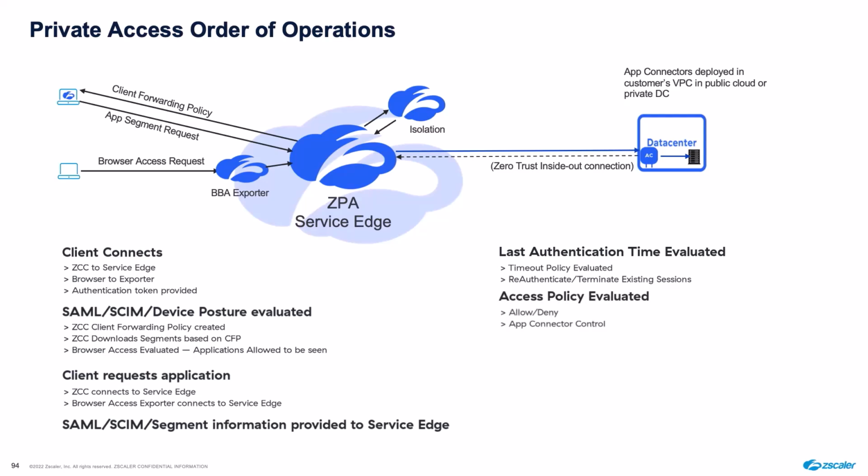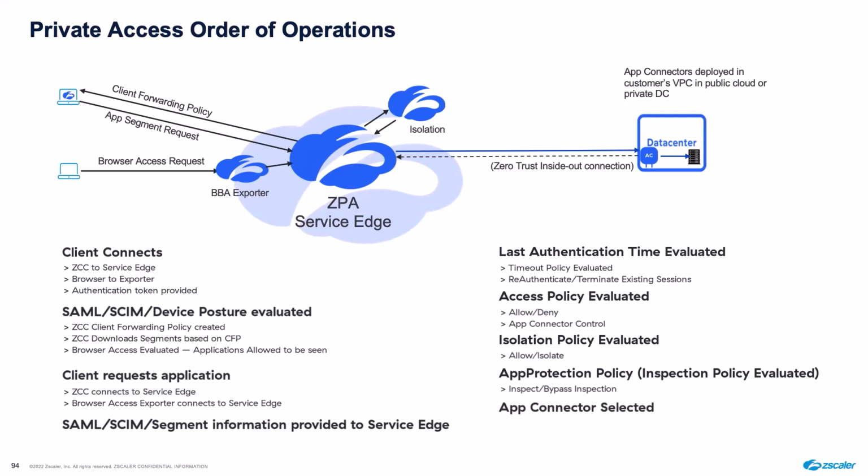Then the access policy is evaluated based on the criteria provided: the SAML, SCIM, device information, and the application segment. Is the user allowed or denied access to that? Then apply an isolation policy. Should the user be isolated for this transaction? And then when the transaction is allowed through, whether it's isolated from the exporter or from the Client Connector, inspection policy will be applied for those transactions.